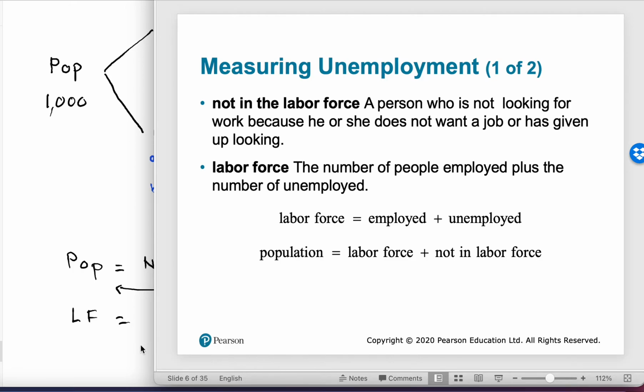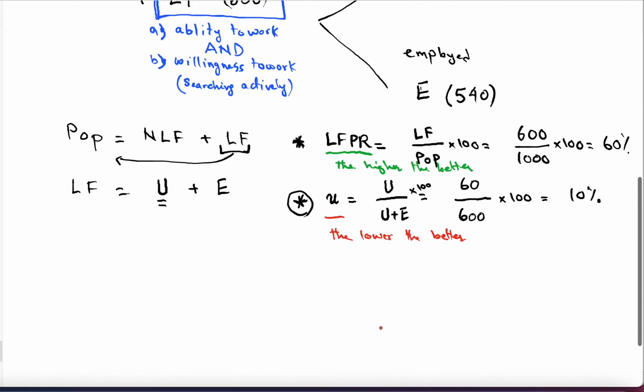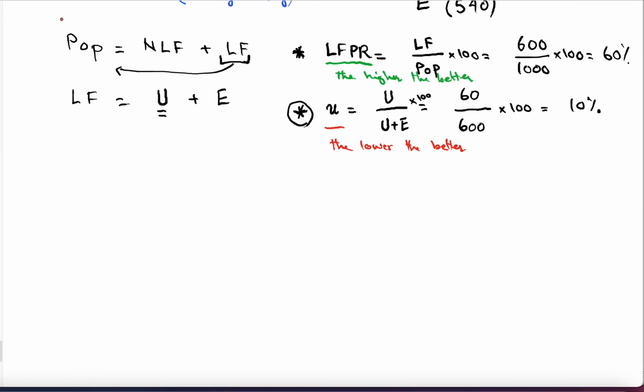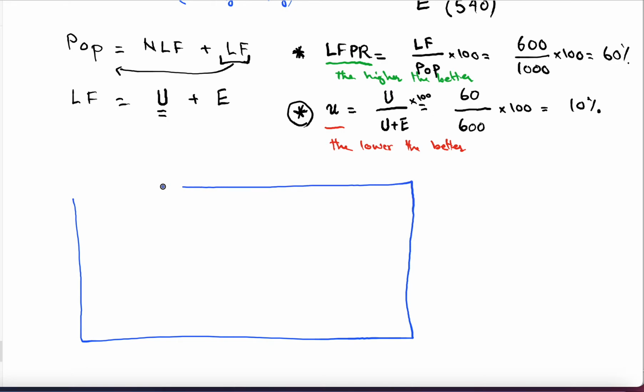Sometimes they show it in the Venn diagram. The Venn diagram is like you put the total population as this rectangle, and a fraction of them is not labor force, so it's like 40%, and labor force, which is 60%.